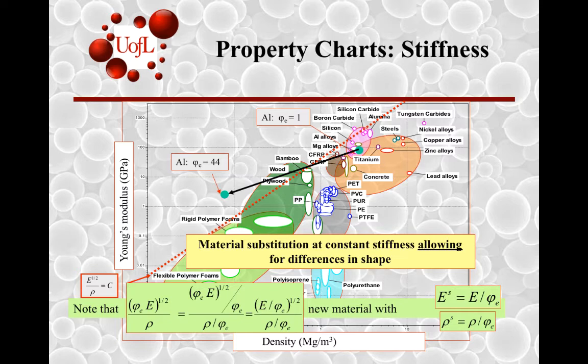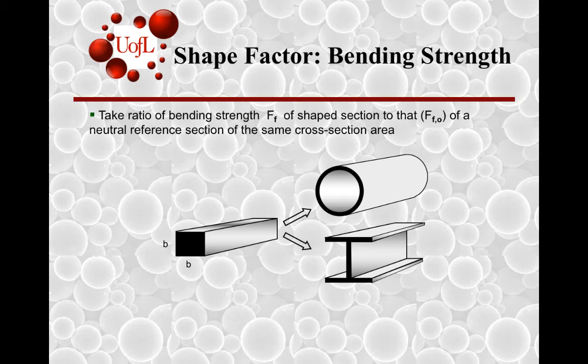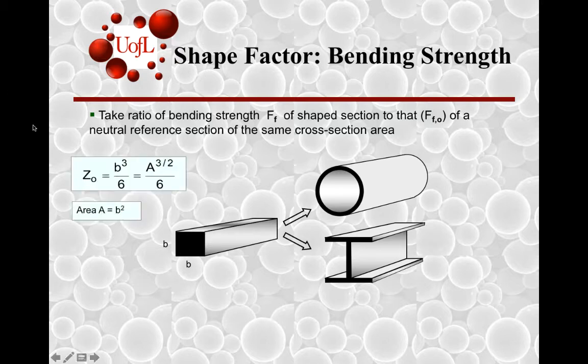Let us go from these stiffness limited designs to strength limited designs. In this case, we again look at the reference cross section as this square cross section tie rod. In this case, the moment Z is a raised to 1.5 divided by 6, where a is, for a square cross section, b squared, where b is the length of the side.